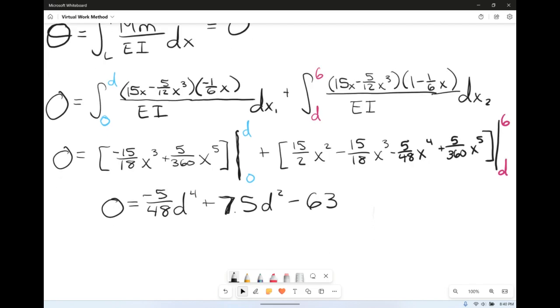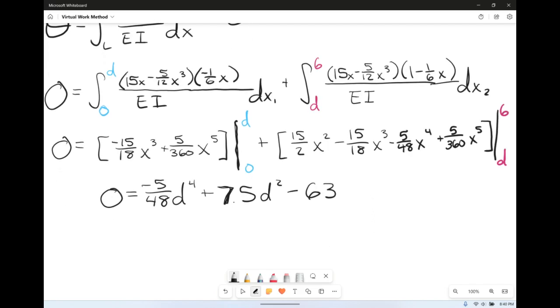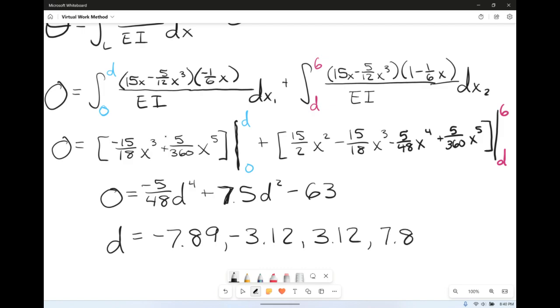And when you solve this fourth degree polynomial, you're going to get 4 roots for d. You're going to get negative 7.89, negative 3.12, positive 3.12, and positive 7.89.